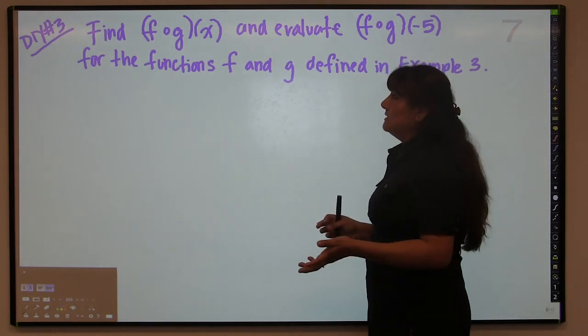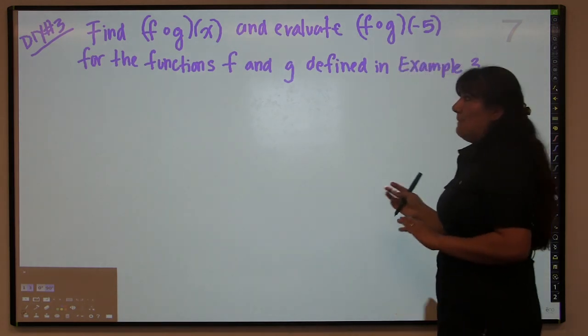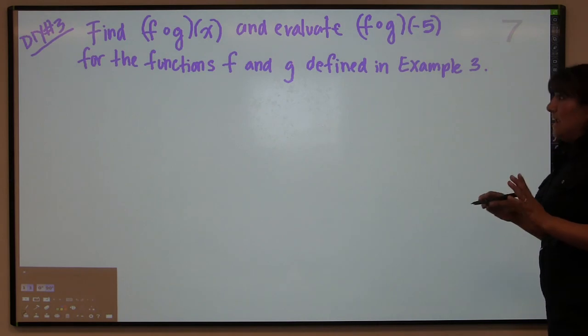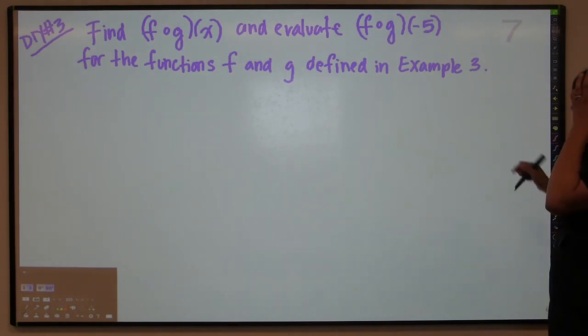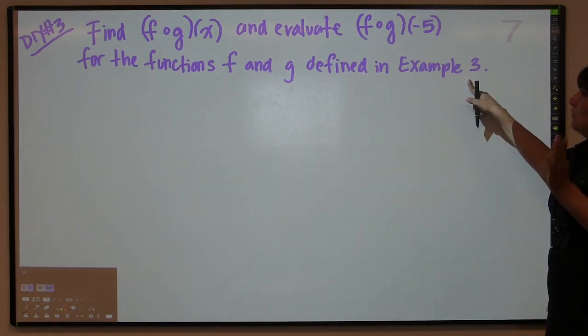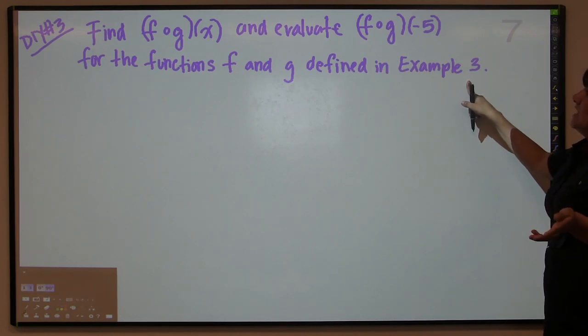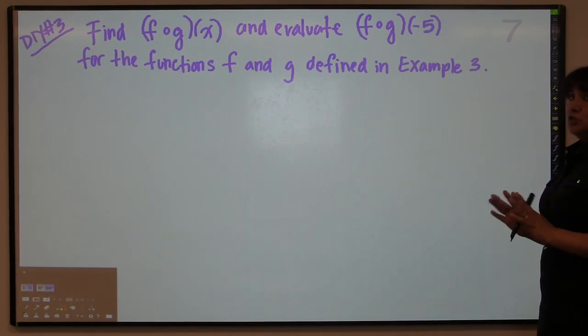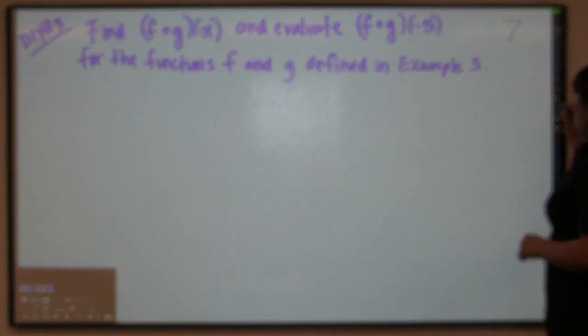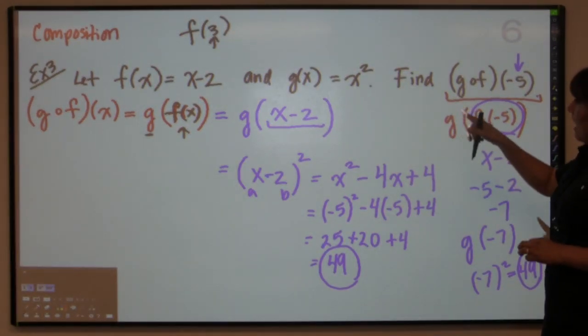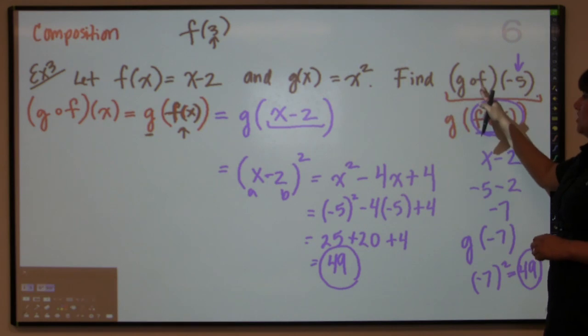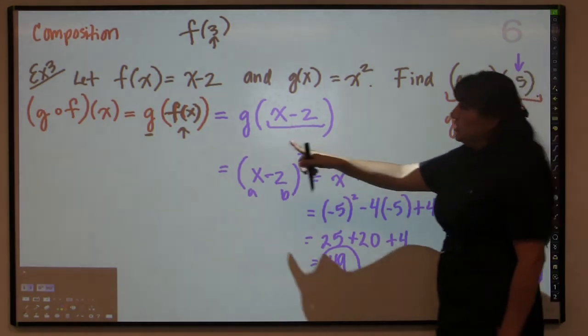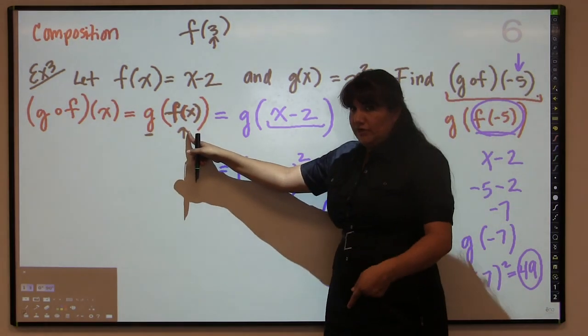Now keep in mind that this might look like I'm asking you to do the exact same thing, but I'm not. This do-it-yourself is using the same functions as example 3, the ones that I used, but it's going in a different direction. And depending on the direction that you do it in, the answers will be different. In other words, if you go back here, I'm asking for g of f, which means to put the f function inside of the g function.